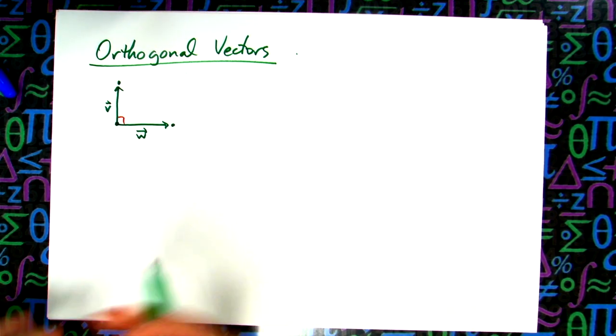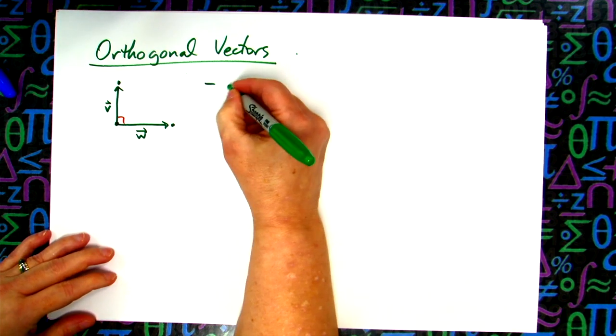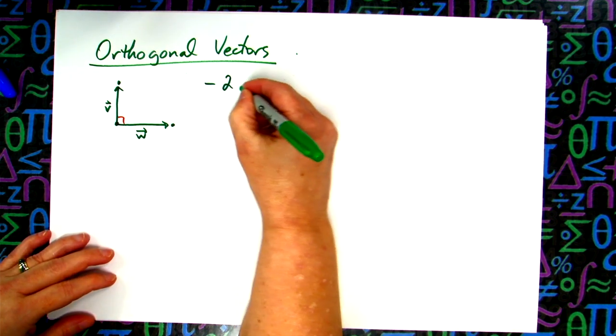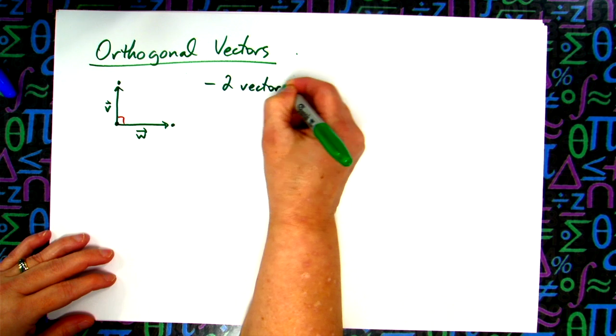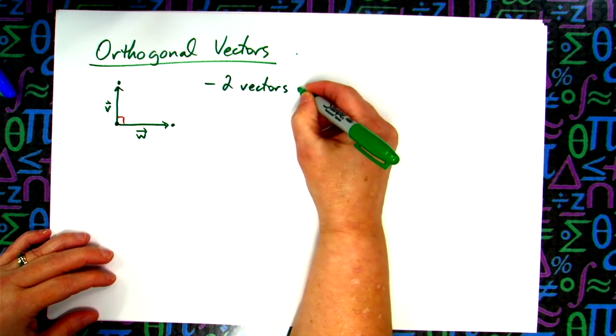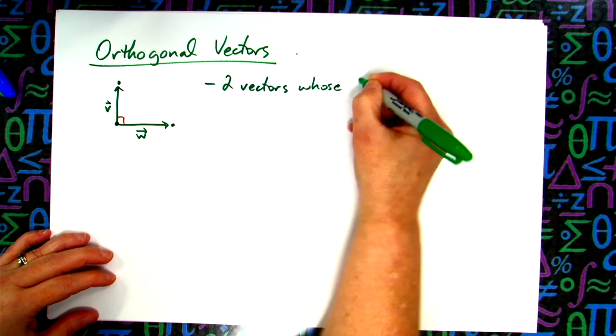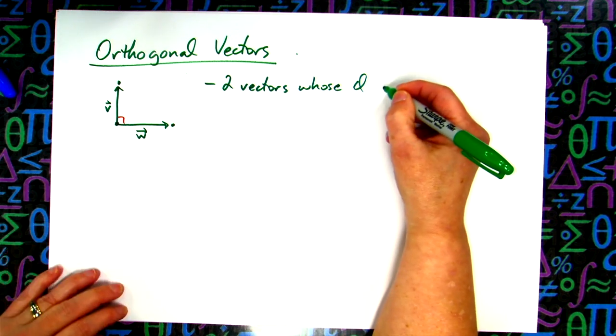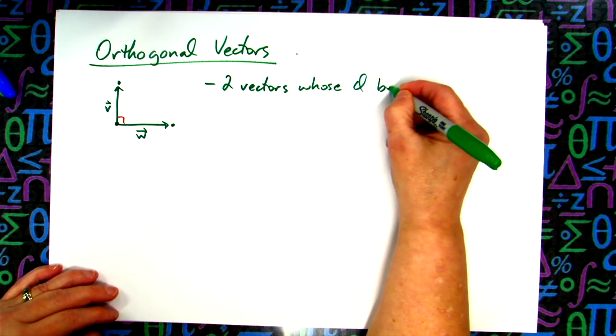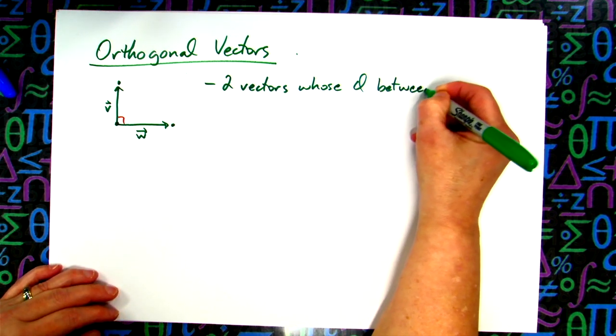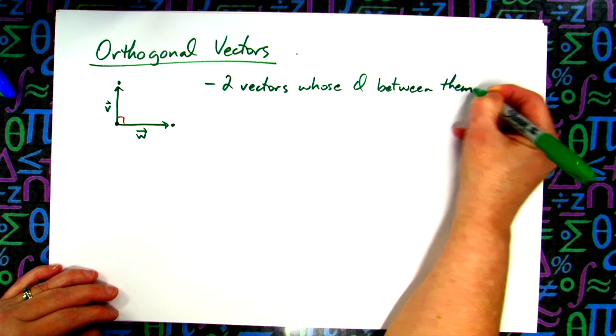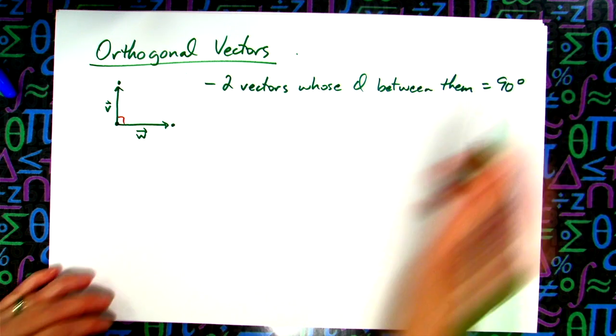Okay, so let's put a little definition here. Two vectors whose angle between them equals 90 degrees.